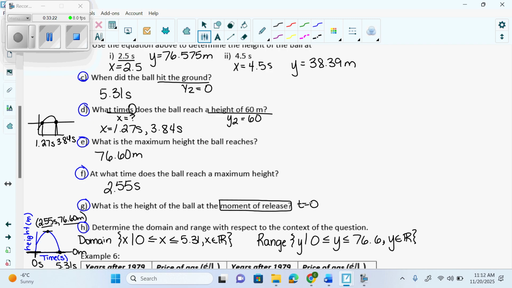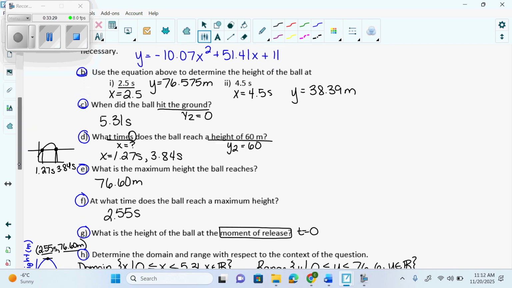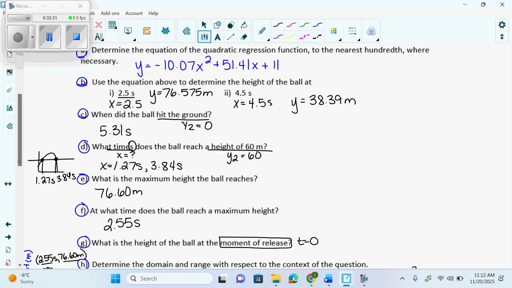What do you get? 11. Look, it's the y-intercept, right? It's the constant at the back. It's the same number. So we found it as 11 off our calculator, but it's also 11 off of our standard form equation.